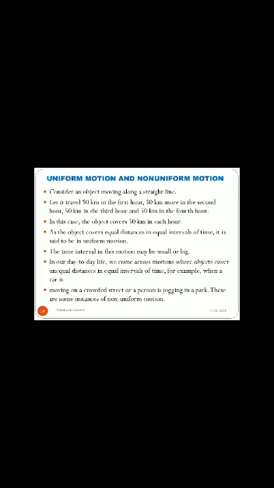In our day-to-day life, we come across motion where an object covers unequal distances in equal intervals of time.